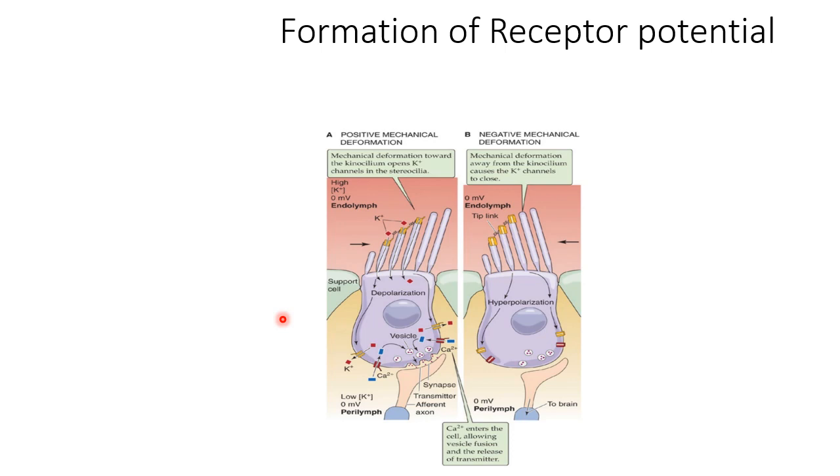As we have discussed, when the shorter hair cell moves towards the longer hair cells, that means the stereocilia, there is a stretch of tip links, and this stretch causes the opening of mechanosensitive cation channels. Now, the hair cell projects into the endolymph, that is, the stereocilia project into the endolymph. The bases are bathed in perilymph.